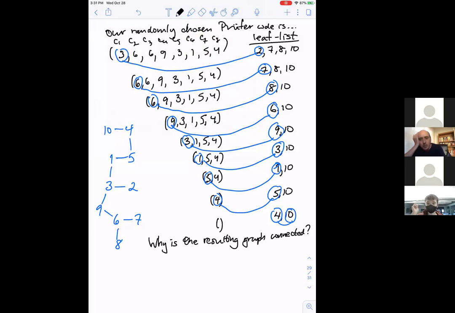And I claim one way that you can think about it is that every vertex V has a path to that 4-10 edge. When I say the 4-10 edge, I mean those last two things in the leaf list.